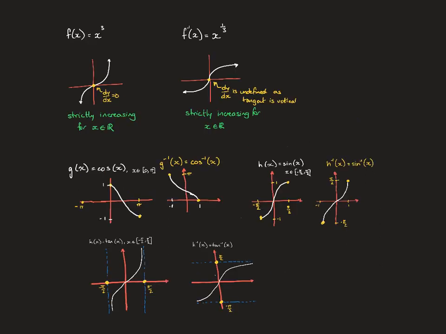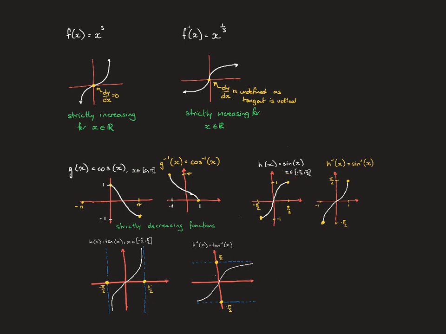So let's look at some of the functions that we've looked at throughout this exercise and look at whether they're increasing or decreasing. We've already looked at the cube and its inverse, the cube root function. So let's have a look at our other functions. We've got our restricted cos graph and its inverse function. Both of those functions are strictly decreasing functions.